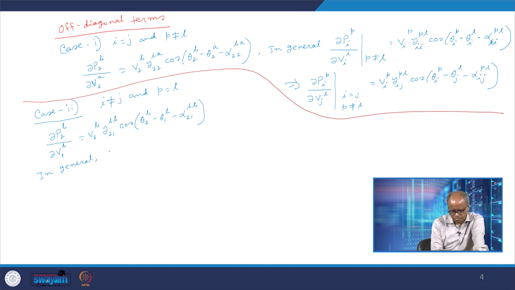that my del PIP by del VJL, the condition is that I is not equal to J and P is equal to L. So that would be IP. So when it is 2B, it is V2B.